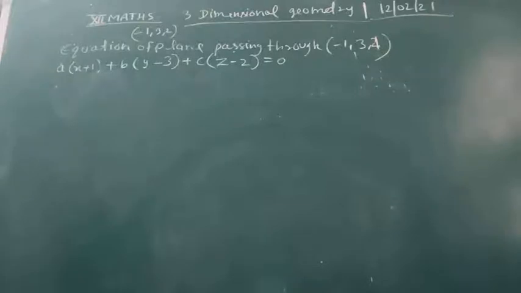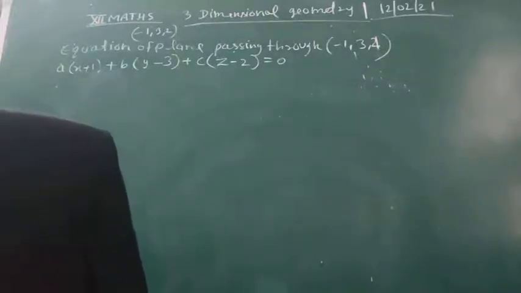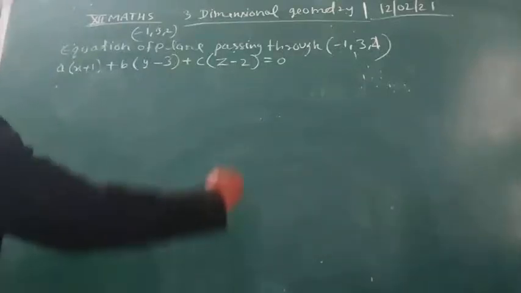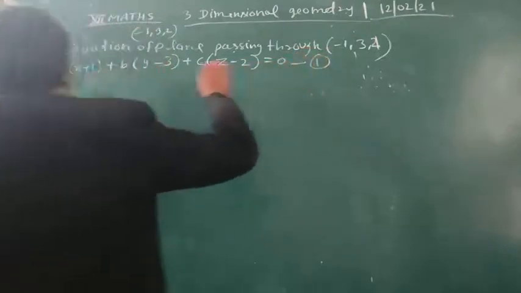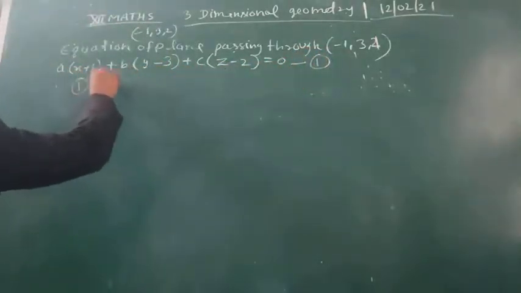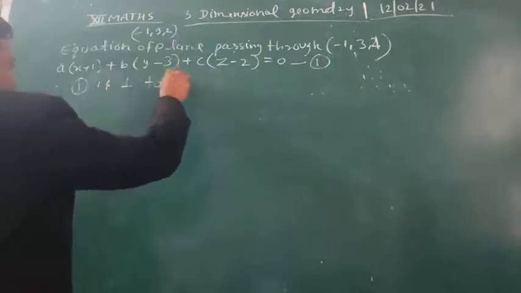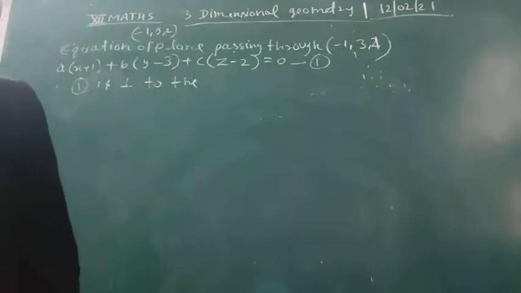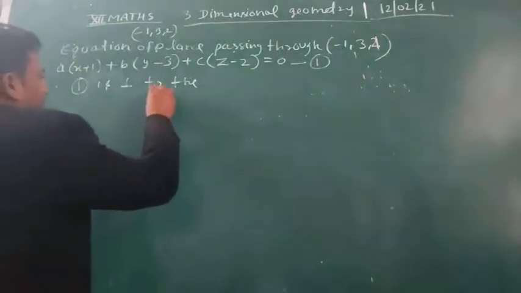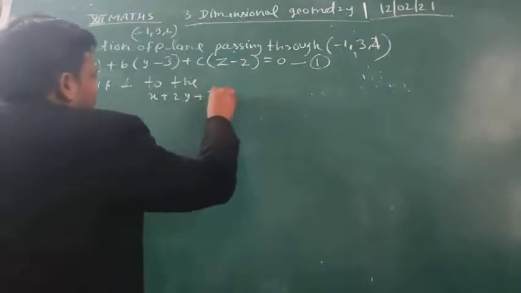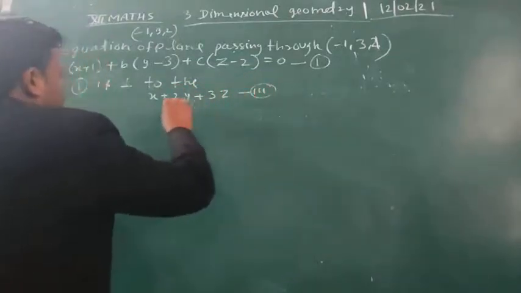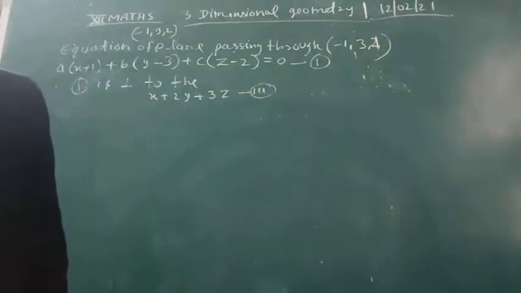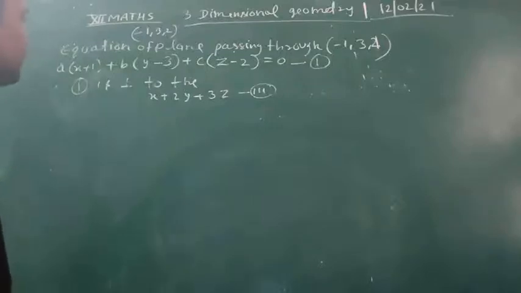Now, students, the question says that this plane is perpendicular to the two given planes. This plane 1 is perpendicular to the plane which is given to us, x plus 2y plus 3z, and perpendicular to the plane 3x plus 3y plus z is equal to 0.